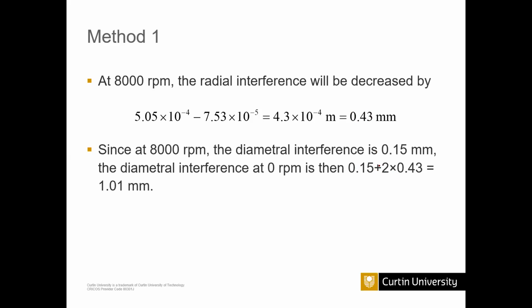This is the radial interference due to contact pressure, and this is the radial interference due to rotation. If you multiply by 2, you will get the diametral interference due to rotation. So the total diametral interference is the summation of these two. It is 1.01 millimeter.